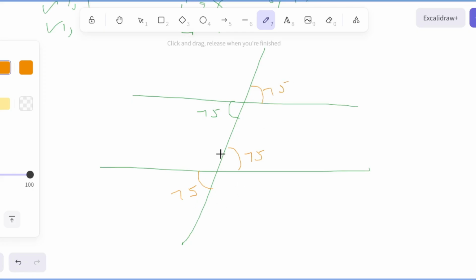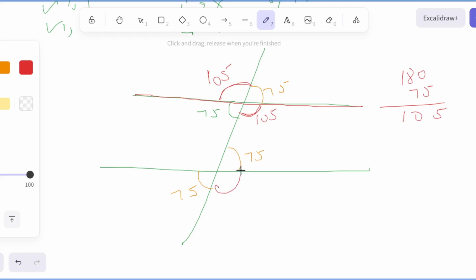Now, if this is 75, then what will be this angle? Consider this as a straight line. What is the sum of angles on a straight line? 180. So 180 minus 75, that is 105. If this is 105, then what will be this? That will be the same, 105, vertically opposite angle, right?